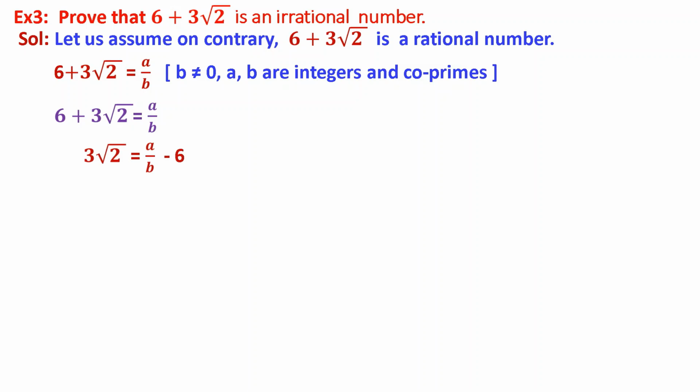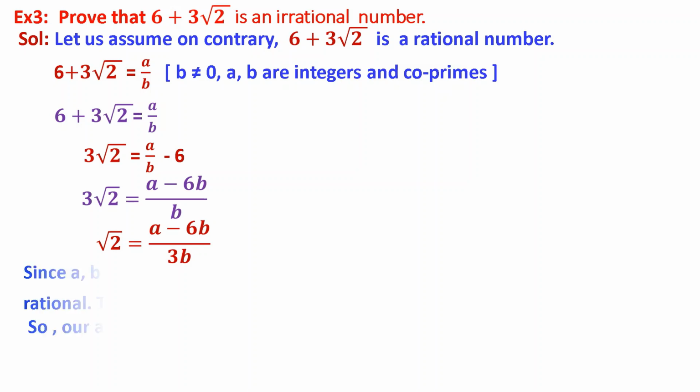On transforming 6 to the right side, we get 3 root 2 is equal to a by b minus 6. By simplifying, we get 3 root 2 is equal to a minus 6b by b, and root 2 is equal to a minus 6b by 3b.